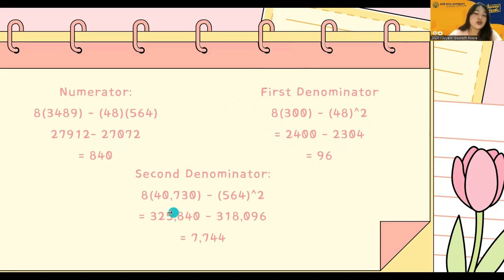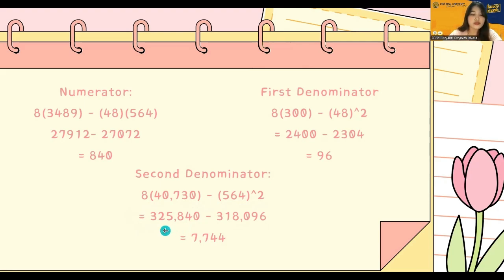And lastly, the second denominator is 8 times 40,730 minus 564 squared. 564 squared is equal to 318,096, while 8 times 40,730 is equal to 325,840.